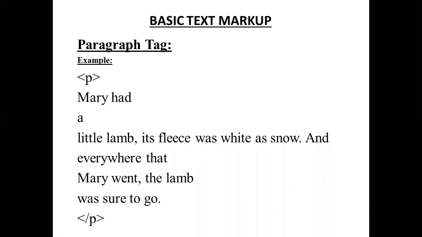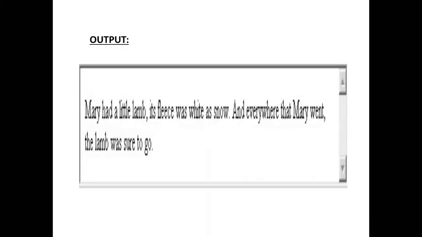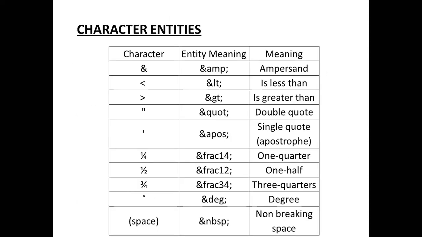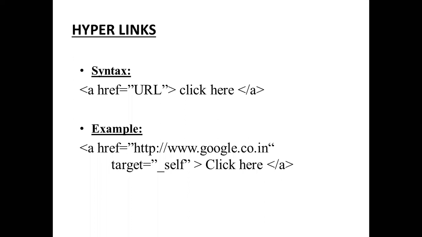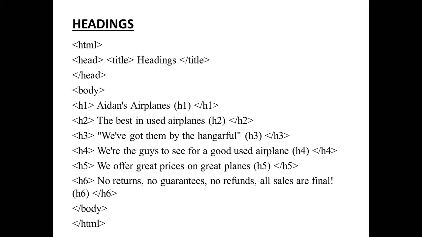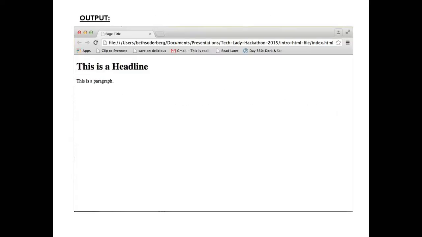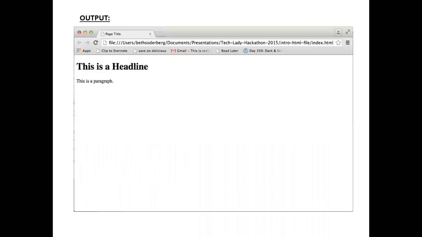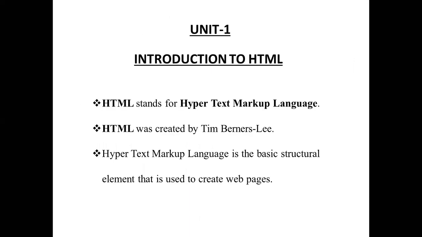Then line breaks, headings, font styles, character entities, images, and links. These are all the basic tags, basic text markup, paragraph tag, character entities, line breaks. These are all the basic HTML tags.